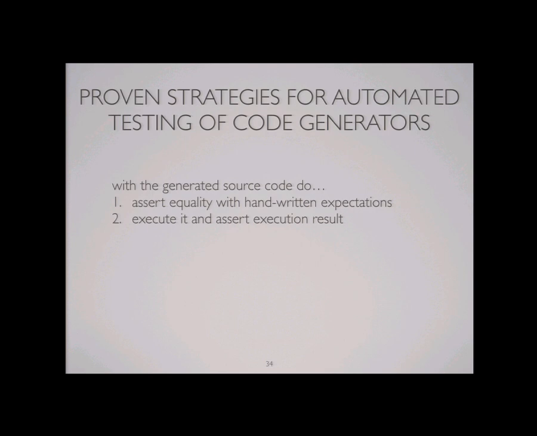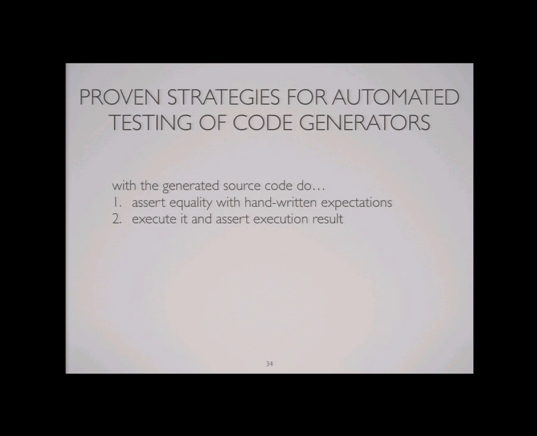This is really nice because with this approach you're not testing the text that you generate. You test the execution semantics of what you generate. That offers a lot of flexibility because you can totally refactor your code generator and your tests will remain green as long as the generated code behaves the same, even though it may totally look different.